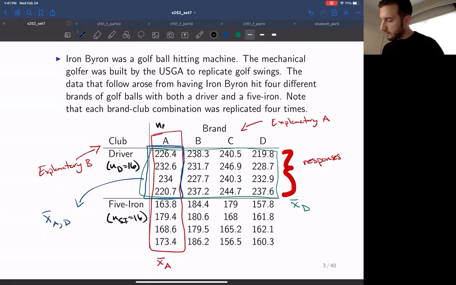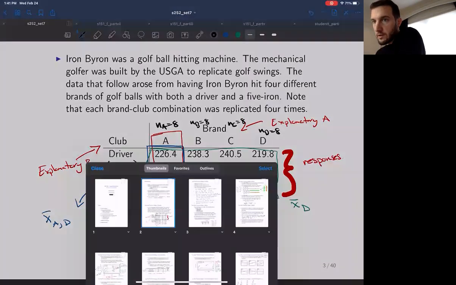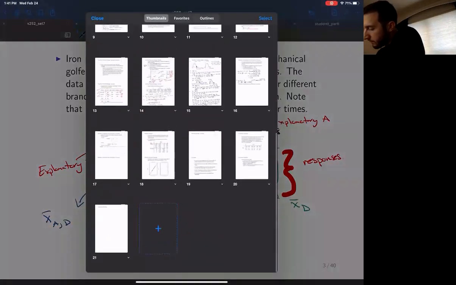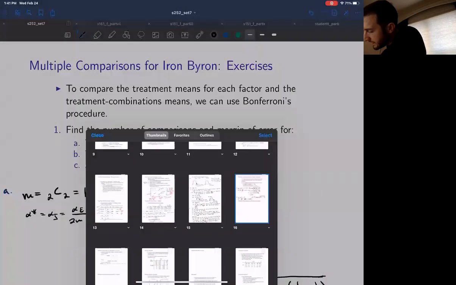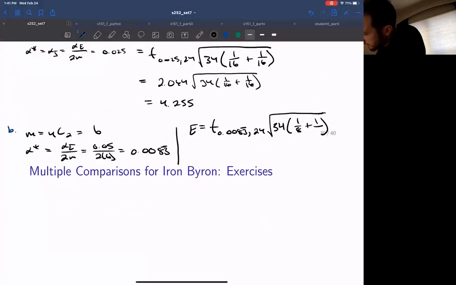So that means that little n-A is equal to 8, little n-B is equal to 8, little n-C is equal to 8, and little n-D is equal to 8. So for each multiple comparison, we are comparing sets of 8 observations. So in our computation of the margin of error, we would have little 8 here.